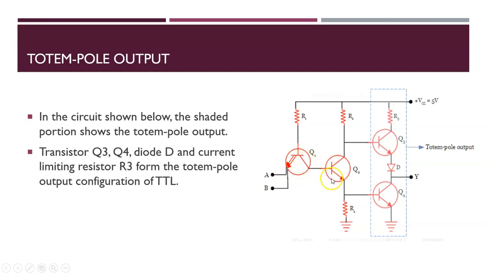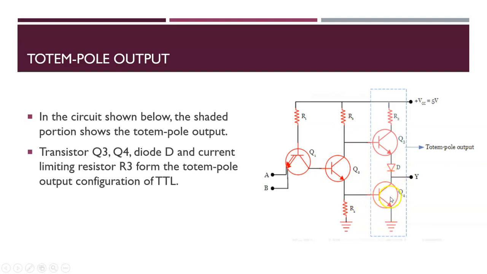This is the peculiar case where the emitter behaves as a collector and the collector behaves as an emitter. So there is a current flowing which is equal to the sum of the collector current and the base current, and transistor Q2 is on. When Q2 is on, Q4 is on.